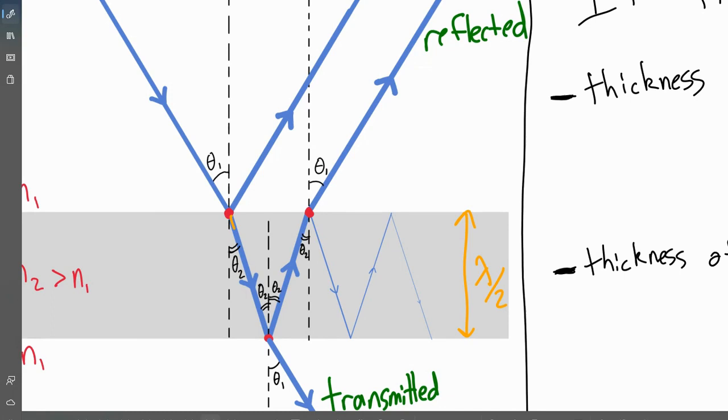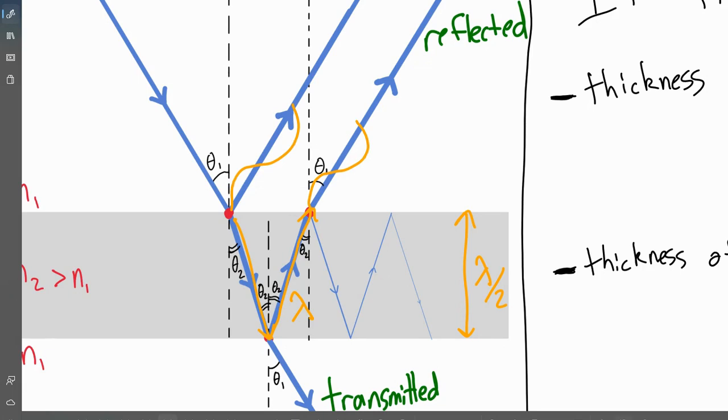So in the time it takes our wave to travel down and back up, it's gone an extra path length of lambda. So we would normally expect it to do the same thing, and they're in phase with each other, so we get constructive interference. The peaks and the troughs are at the same place.